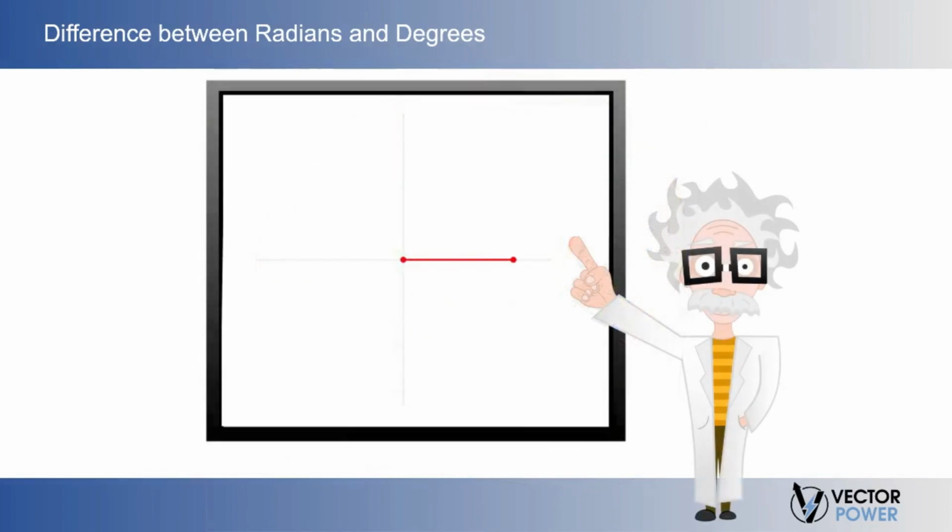The concept of a radian is a bit more complicated than the degree. The radian is based on the radius of a circle. The radius of a circle is any line drawn in the circle that connects the center of the circle to the circumference. This line is then taken and measured around the circumference of the circle.